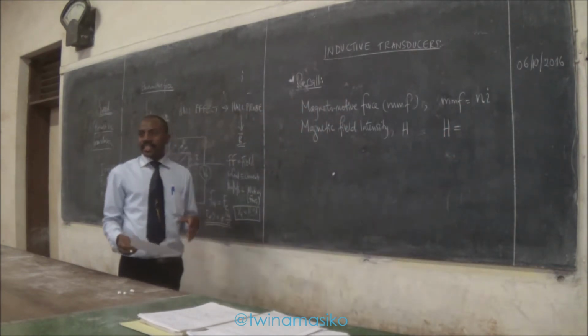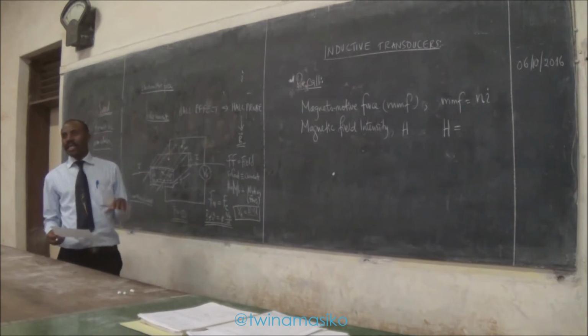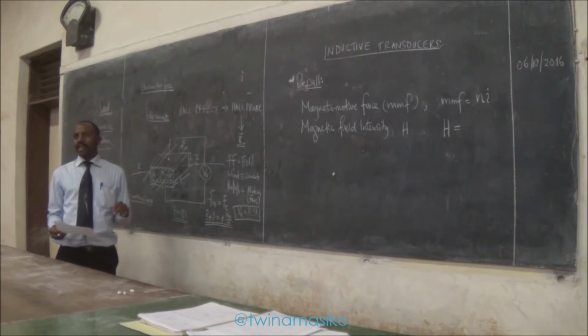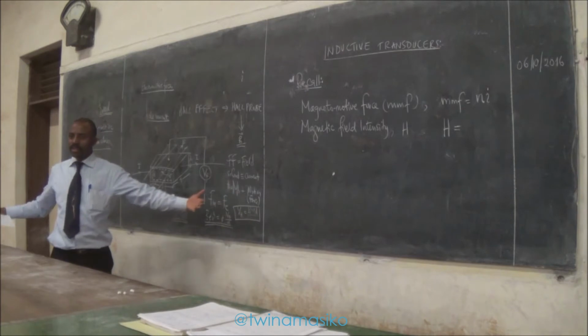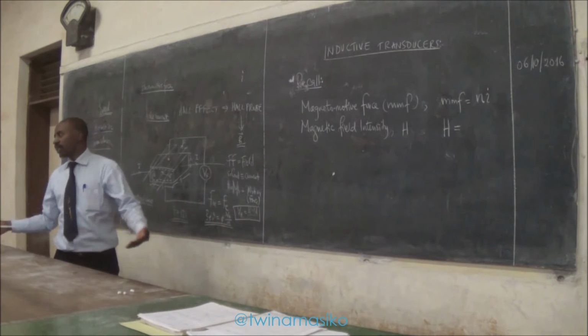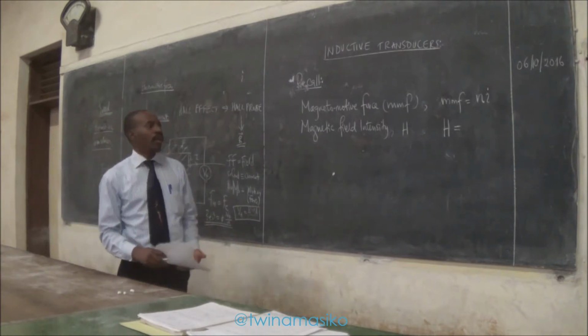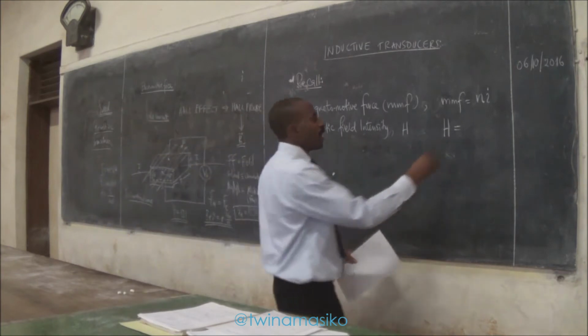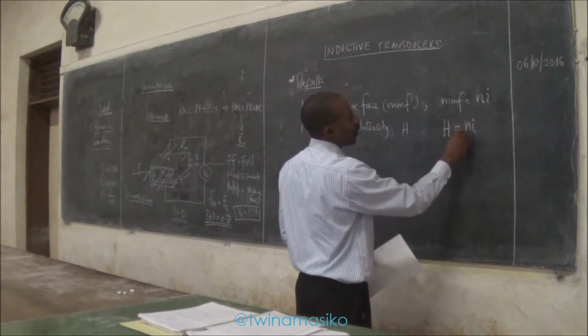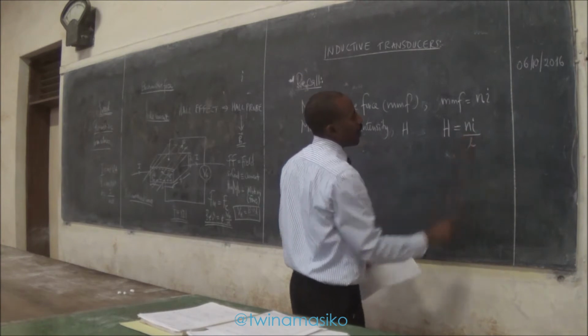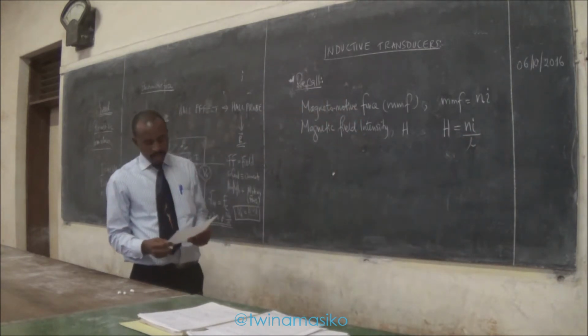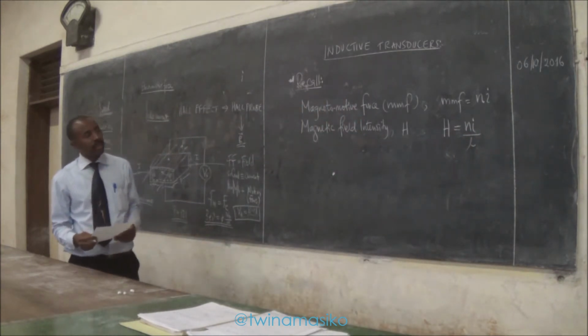It is an intensity, so it is this magnetomotive force divided by the region where it is being felt, all that region. So it will be the same as Ni, this magnetomotive force, divided by L. And L is the path length in meters.